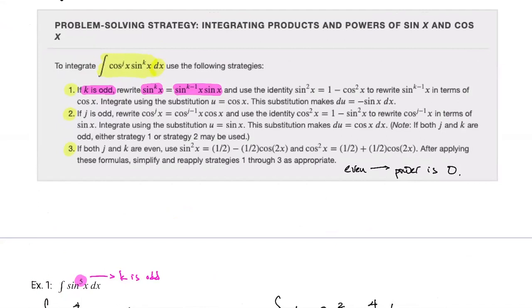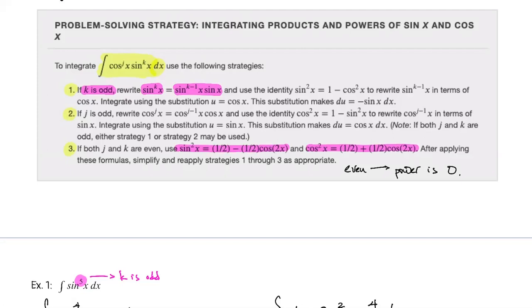Okay, so this is like one of the more obscure identities that you learn in pre-calc, and you're like, wow, when am I ever going to see it again? And the answer is right now. We're going to see it again right now. Okay, so these two substitutions, this cosine squared and sine squared substitutions are really useful in the situations where j and k are both even.